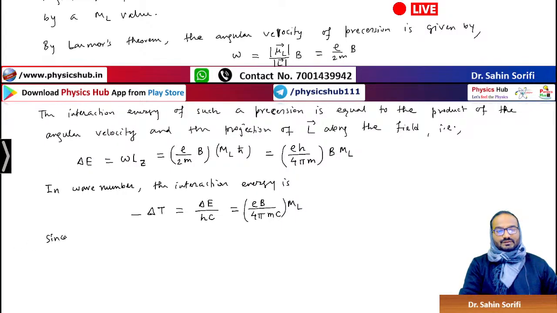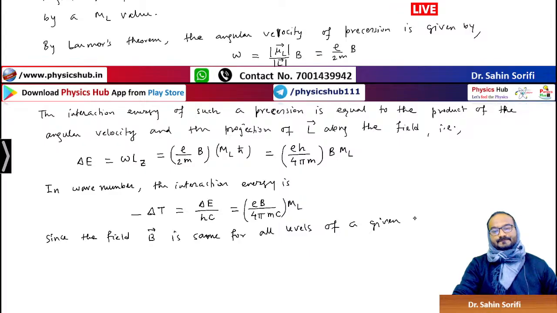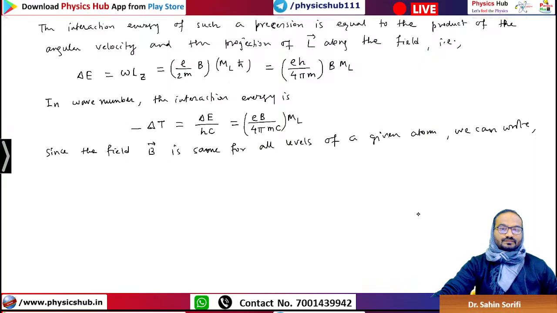Now you see, since the field B is the same for all levels of a given atom, we can write this term eB by 4 pi mc as a constant.